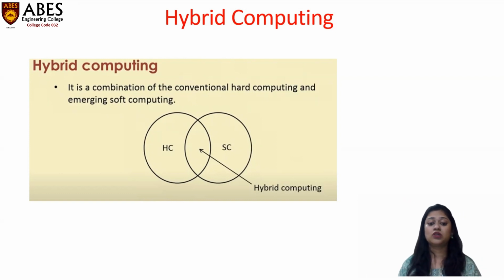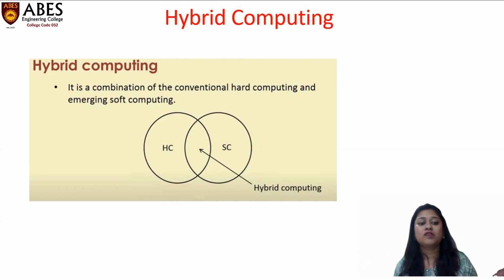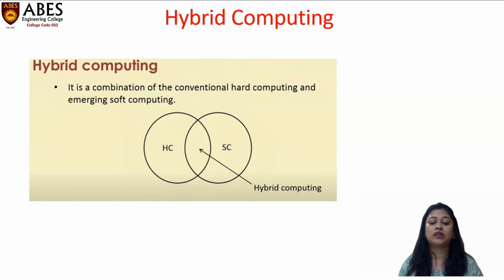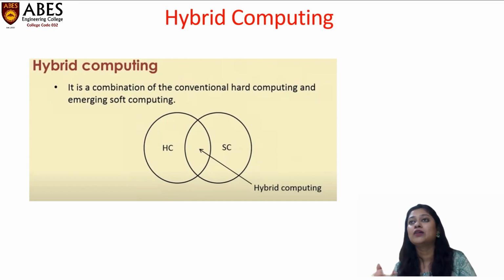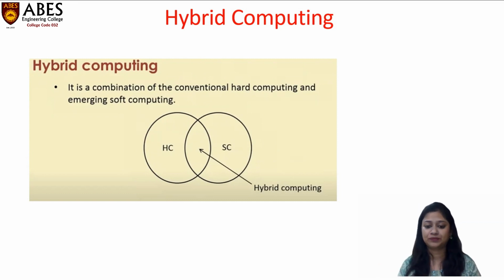There is one portion common to both approaches where our problem matches, and we will discuss that area, the hybrid computing world, where we take some features of soft computing and some features of hard computing and merge them together, and we will get not a perfect solution, but a solution according to our problem.